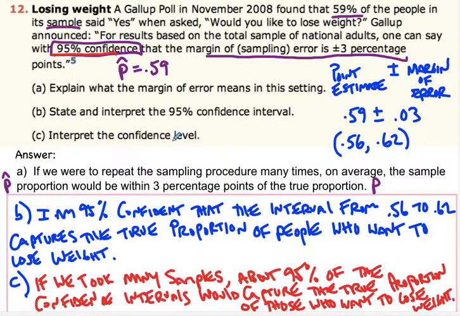If you're interpreting the level, you're just talking about what percent of the strips would hit the true proportion. In this case, 95% of the strips would hit it.